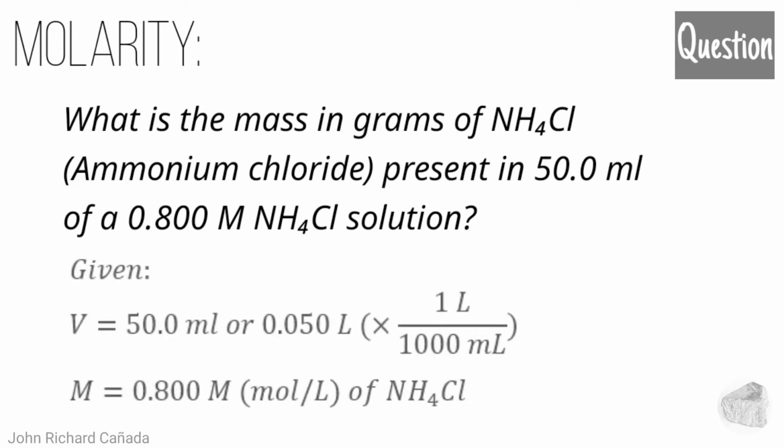Our givens are 50.0 milliliters or 0.050 liters, as we converted initially by multiplying it with a ratio of 1 liter all over 1000 milliliters, and 0.800 molarity of an ammonium chloride solution. What we need to find is its mass in grams. We know that we can use a factor of moles to grams with the molar mass of ammonium chloride, but we will get into that later.